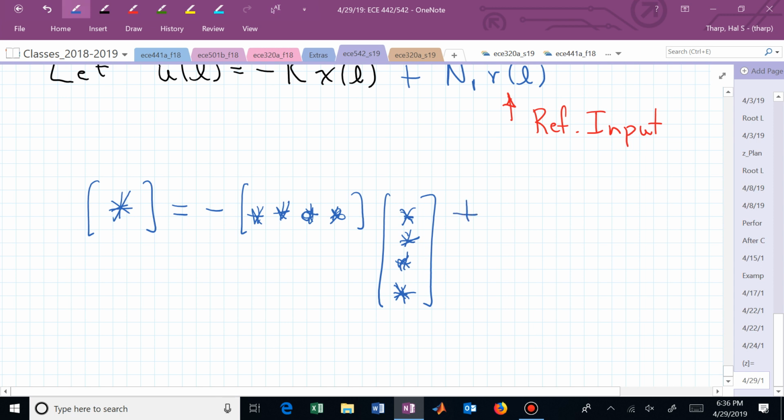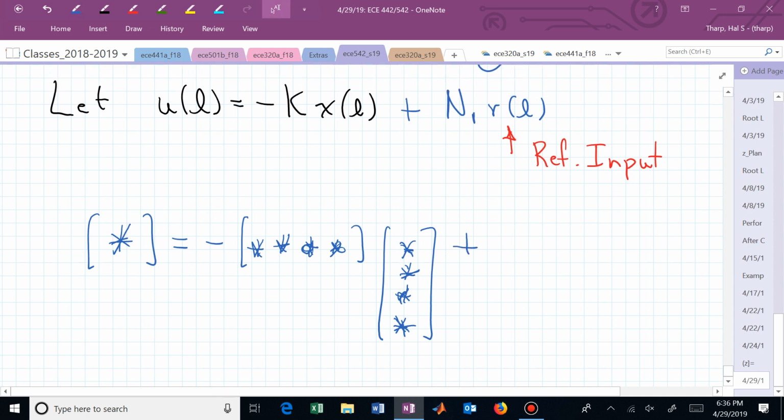But now you can say, okay, I now said that I wanted a reference input to be a scalar. That's my r of k dimensionally. What's N sub 1 dimensionally? Is it 1 by 4 like K? Is it 2 by 2 like phi? No, it has to be such that when you multiply it by a 1 by 1, you get a 1 by 1. And a 1 by 1 is a scalar. In this case, N sub 1 needs to be that scalar.